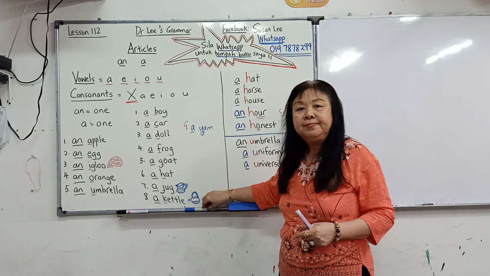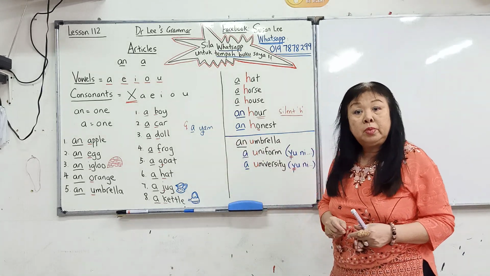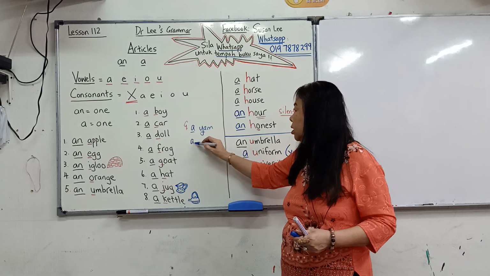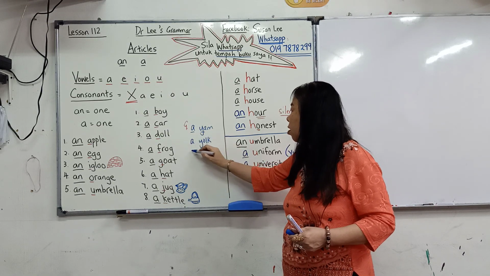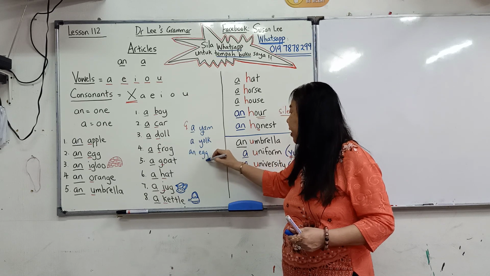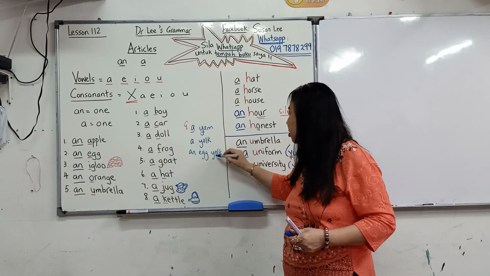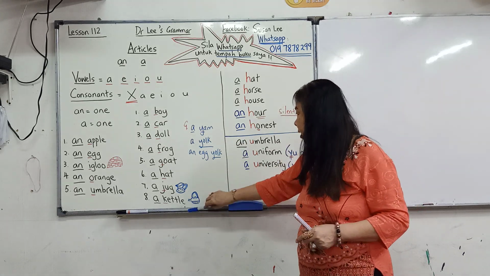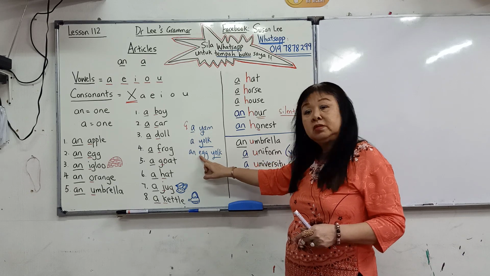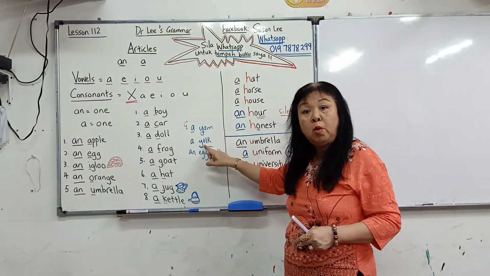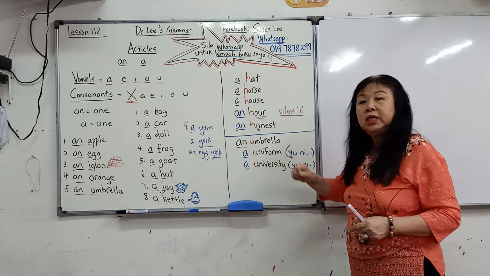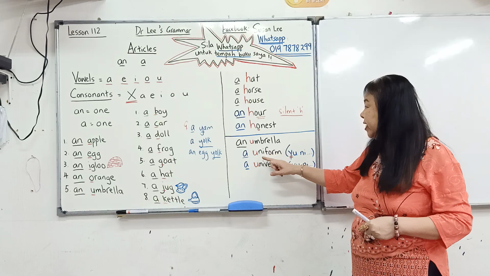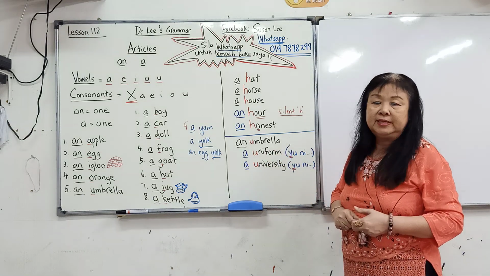So a yam, it starts with Y. Or you can even say a yolk, or an egg. Yolk, the yellow part of the egg, the round yellow part of the egg. Here I use an because of E. Here I use a because of Y. So because of Y we use a. So you cannot say an uniform, you cannot say an university. You should say a uniform, a university.